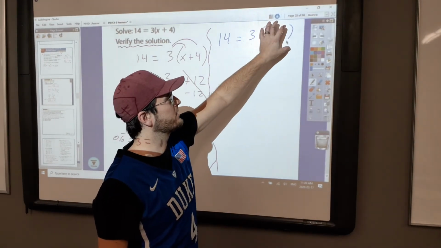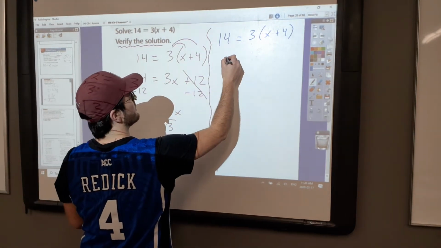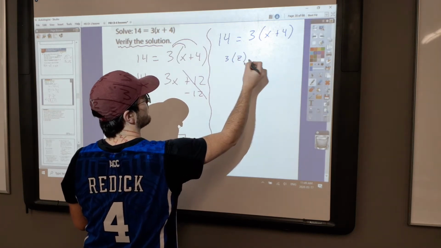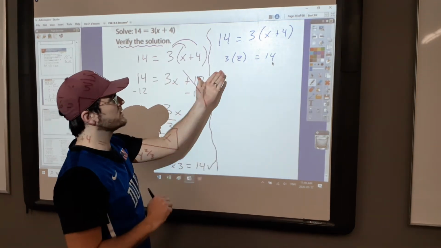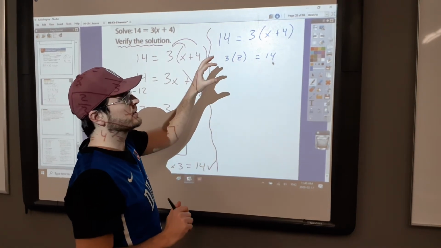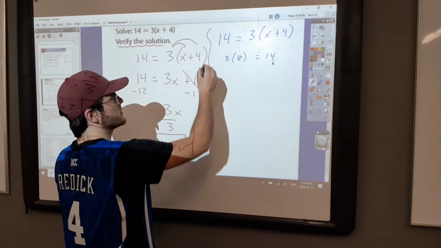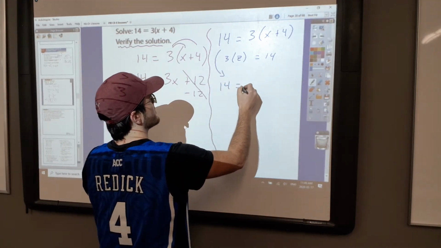And so if we think of it like that, it's really no different than if I have 3 times z, whatever, I'm just changing this to a z, equals 14. If we had to do that, we would just simply divide by 3 and we'd be done. So we can kind of do it like that, except we won't be done. We'll have one other step left.